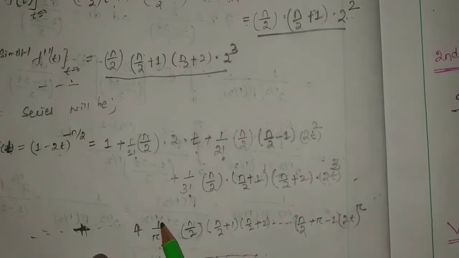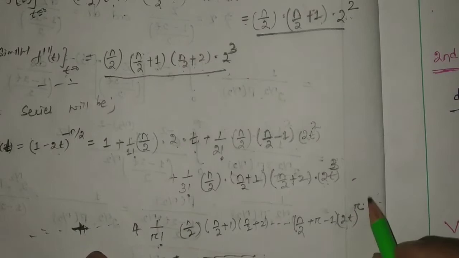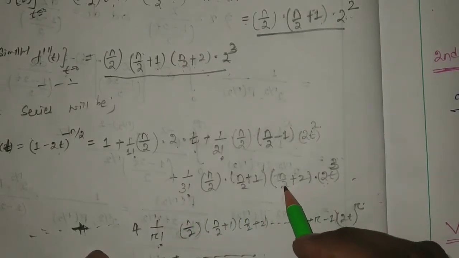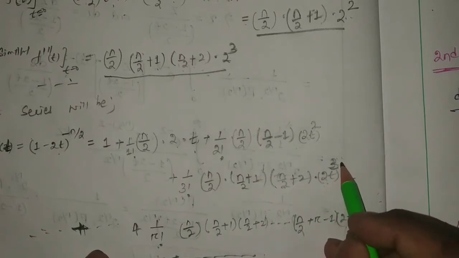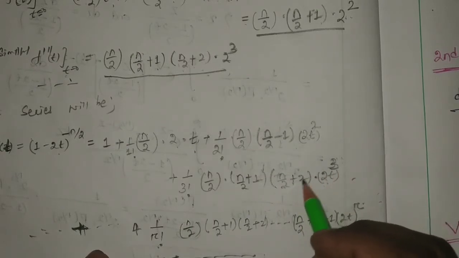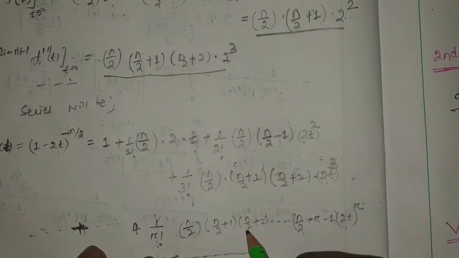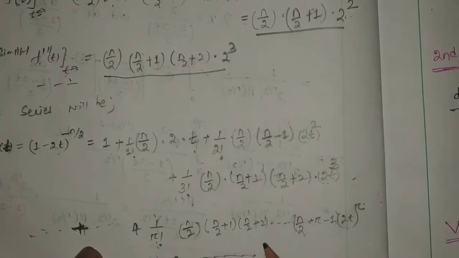So 1 by r factorial, 2t to the power r, right? Here you can see 3 factorial, this is n by 2 plus 2. That means 3 minus 1 is written here. So if it will be r, here it will be r minus 1. So n by 2 into n by 2 plus 1, n by 2 plus 2 up to n by 2 plus r minus 1. This is one middle general term, and so on we can get.